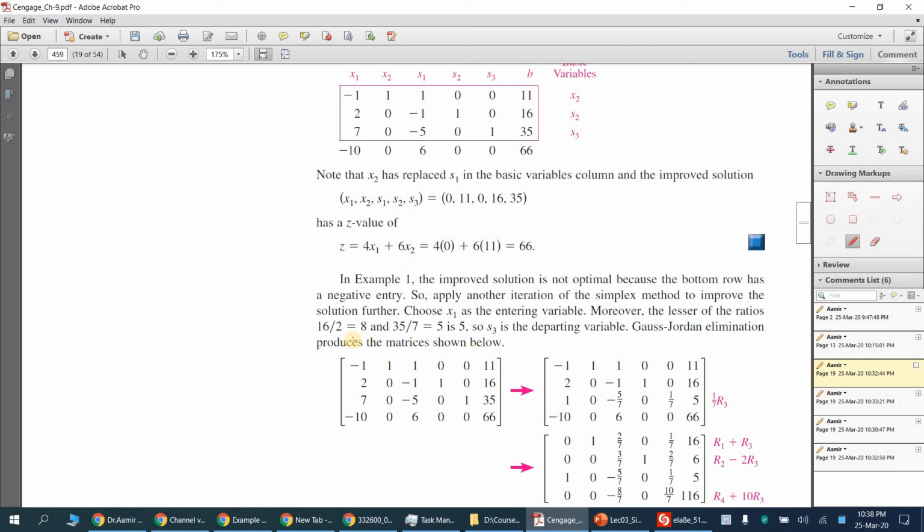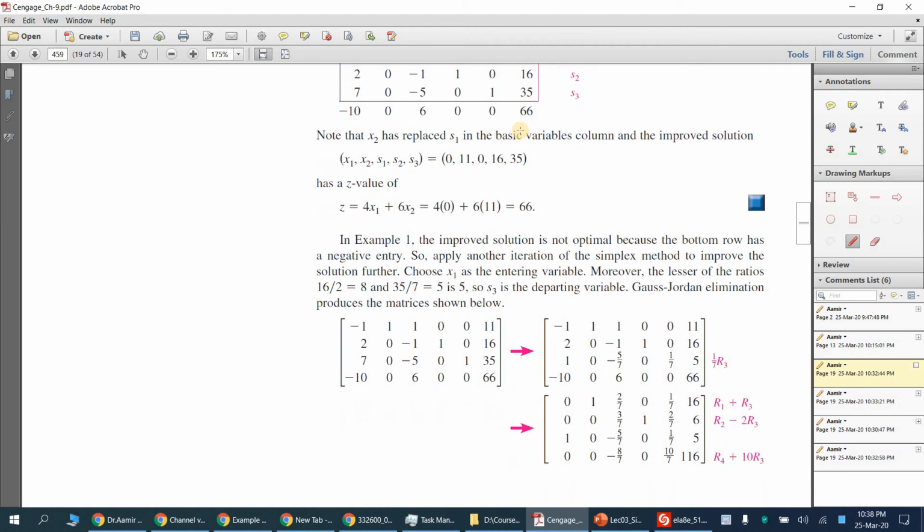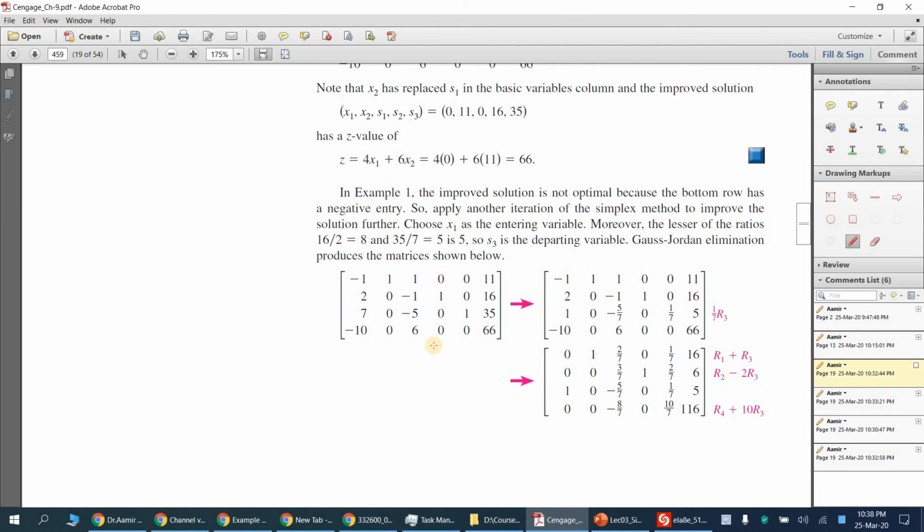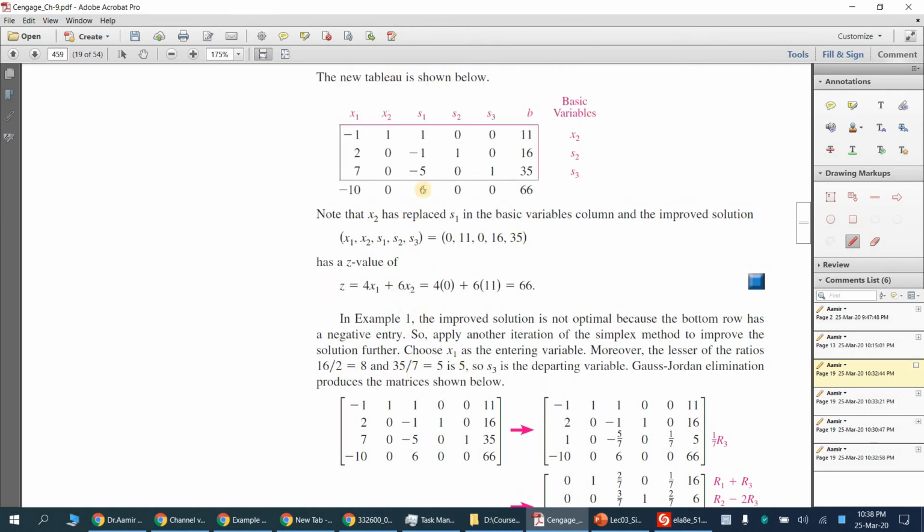So out of these three ratios, the smallest positive ratio that comes is 5. So S3 is basically your leaving variable. So x1 enters, S3 leaves. Okay, so we choose again the Gauss-Jordan method.